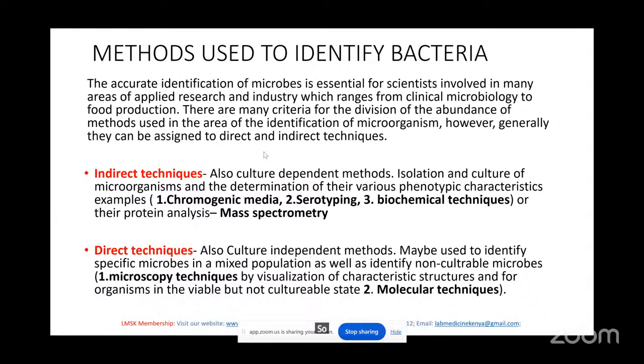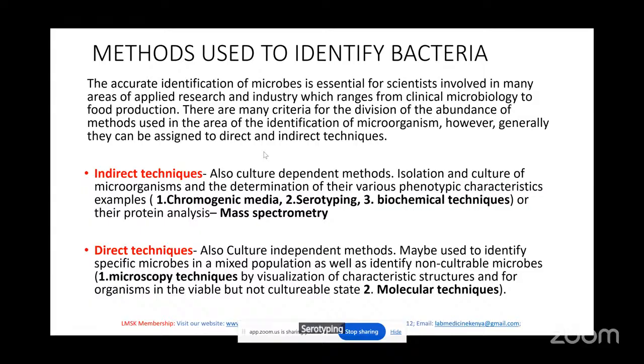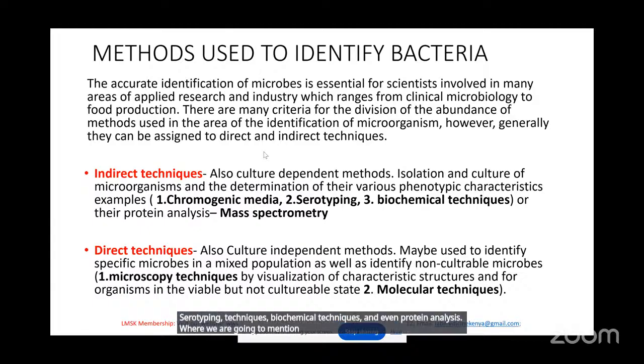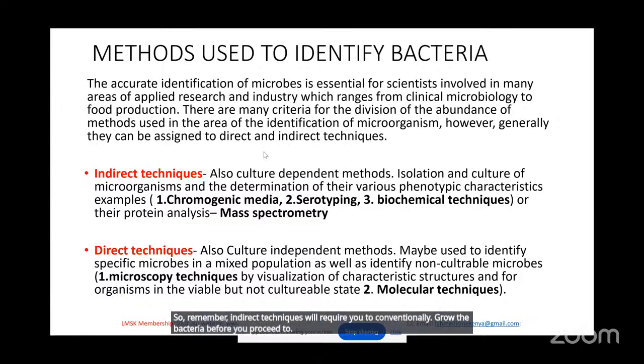You can have different indirect techniques like the chromogenic media, serotyping techniques, biochemical techniques, and even protein analysis, where we are going to mention mass spectrometry.